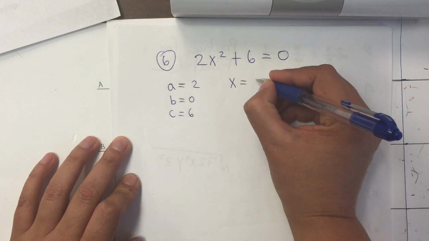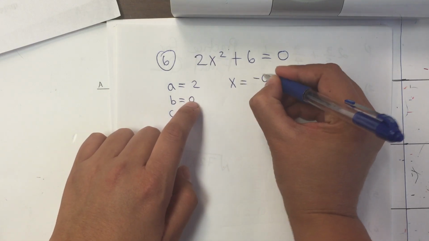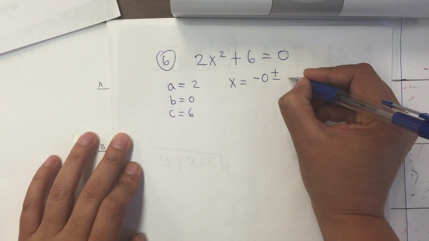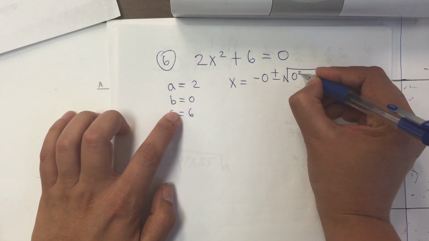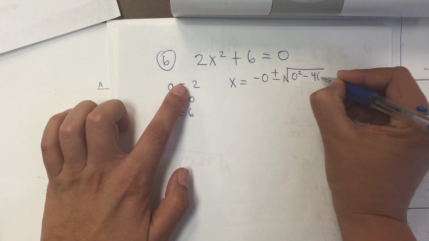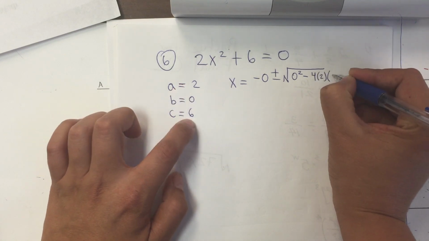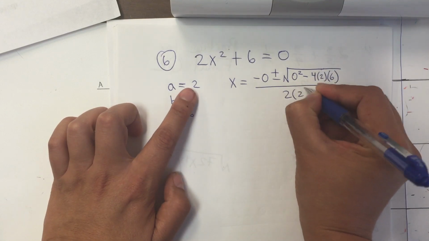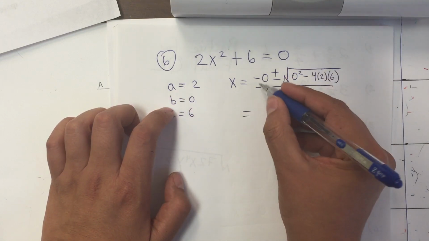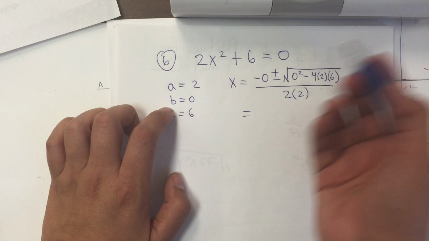So x is equal to negative b, which is negative 0, plus or minus the square root of b squared, again 0 squared, minus 4ac, and all over 2a. So if you think about it, minus 0 doesn't really matter.